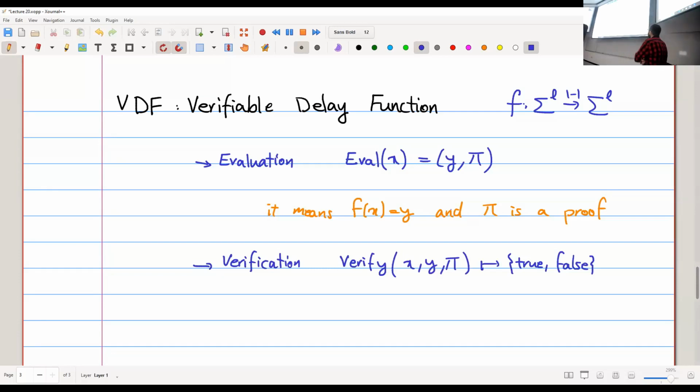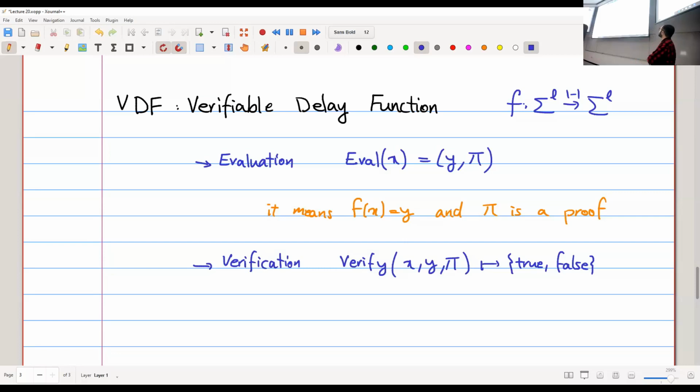It returns true if y is f of x and p is a valid proof that y is f of x. But it gives you false if y is not f of x, or if y is f of x but p is an invalid proof.